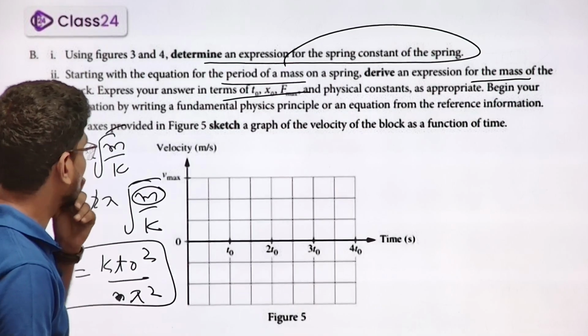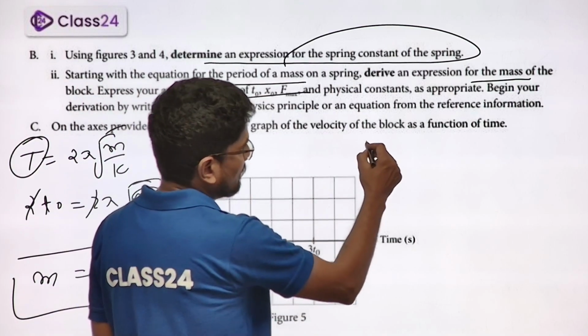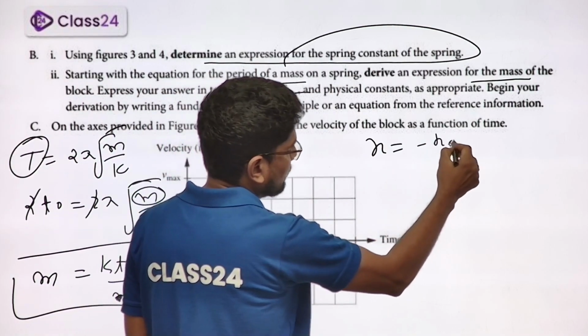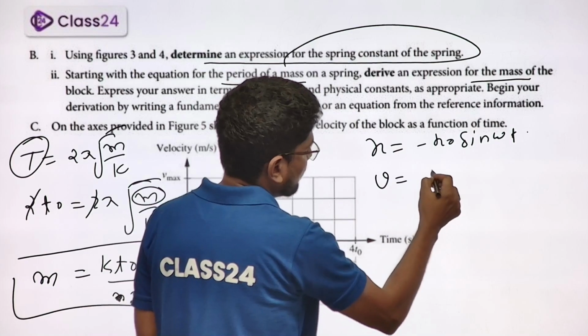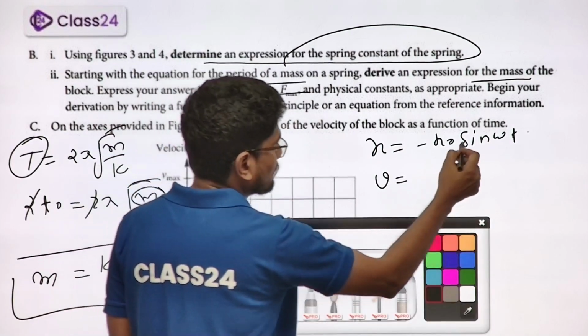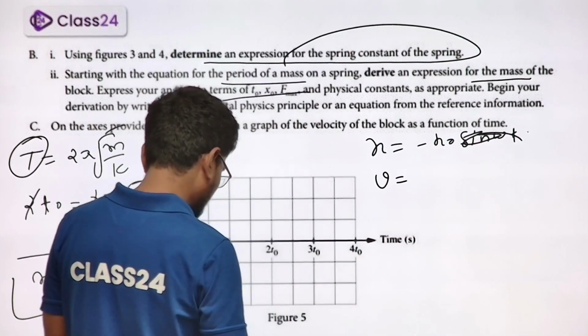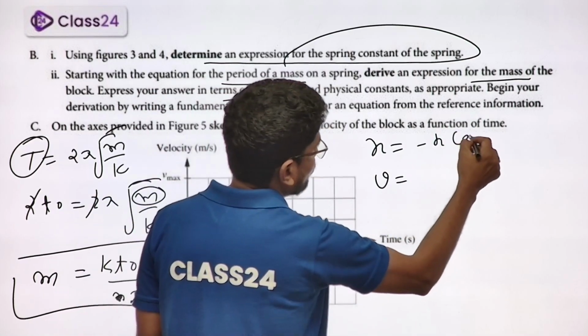Now they want us to sketch the velocity time graph. That is a very simple question, because we know the position time graph, and by differentiating the position time graph we easily find the velocity time graph. The position time graph depends on a cos function, so we write x equals x naught cos omega t.